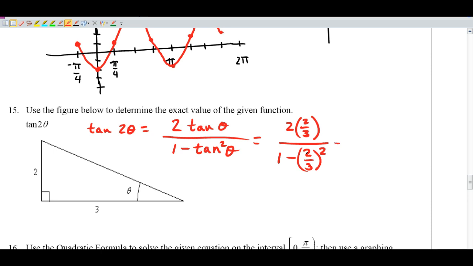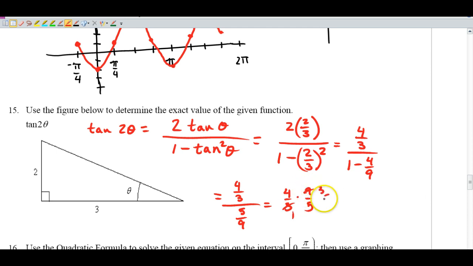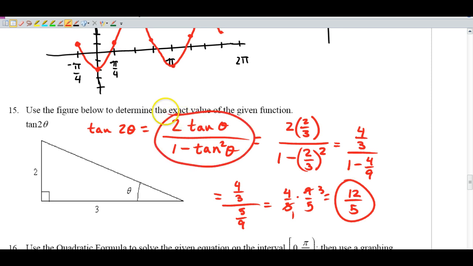We need to simplify this. This is 4/3 over 1 minus 4/9, and this is equal to 4/3 over 9/9 minus 4/9, which is 5/9. This is equal to 4/3 times 9/5. I got a reduction here, and I end up with 12/5. There you go. So applying the formula.